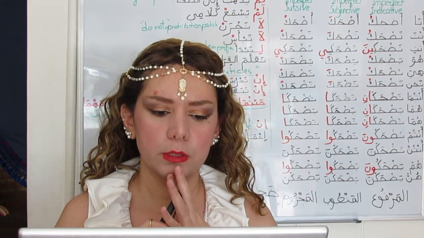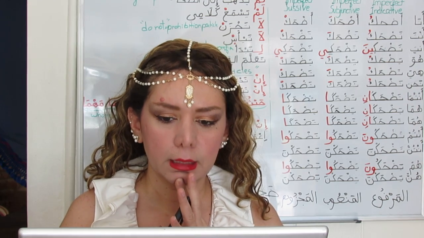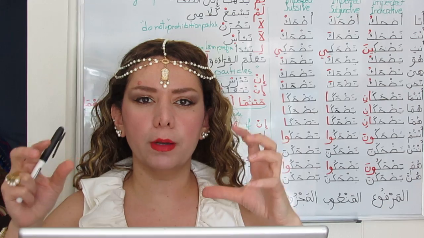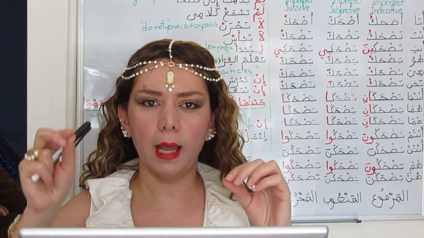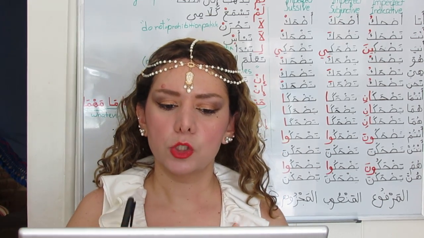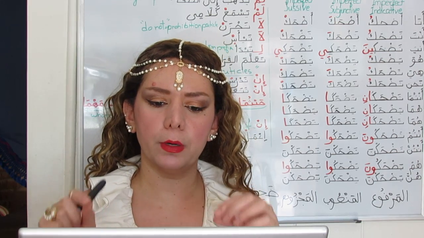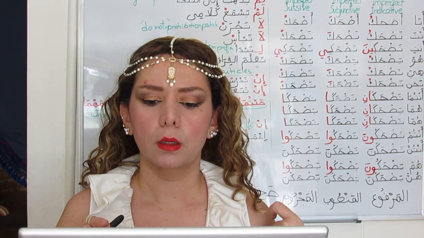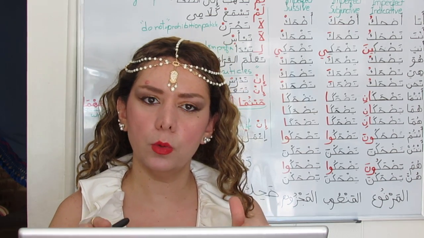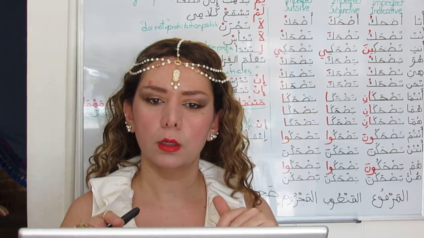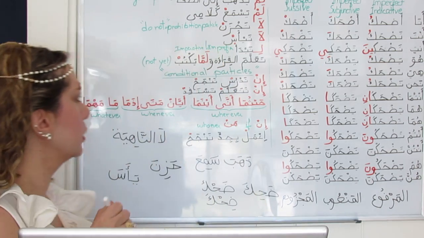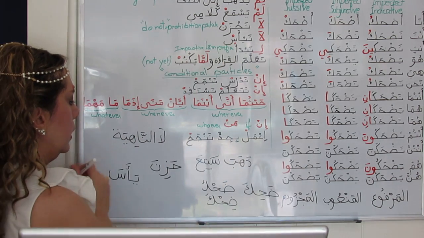Another preposition comes as a prefix, li, lam with kasra. So after the preposition or imperative particle, that turns the indicative verb into an order or a command. Li.